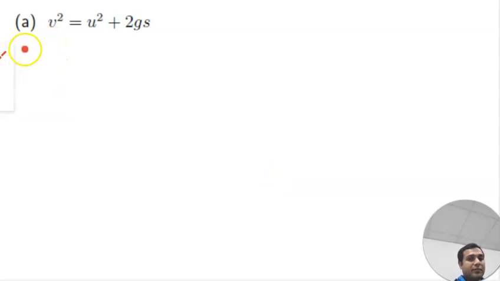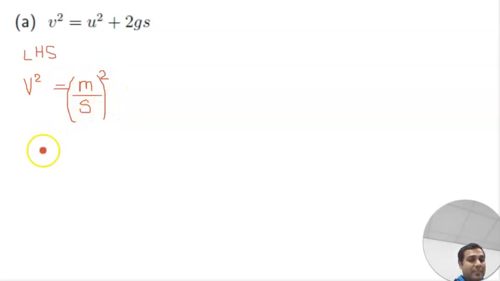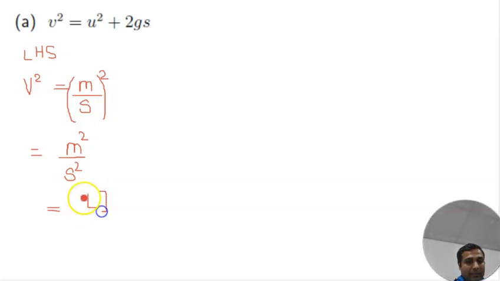Let's start with the left hand side. What's the unit for the velocity? Meter per second. And obviously that has to be squared because there is a square there, so I need to square that one, which will give me meter square over second square. Meter is L, length, so length square.